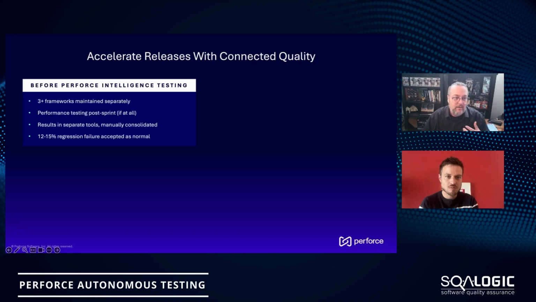So we kind of talked about, right, before using performance intelligence testing, where were we? A bunch of different frameworks, right? Performance testing was done typically post-sprint, if it was done at all. There are a lot of places that go, I just don't have time to do performance testing. My results are in separate tools.